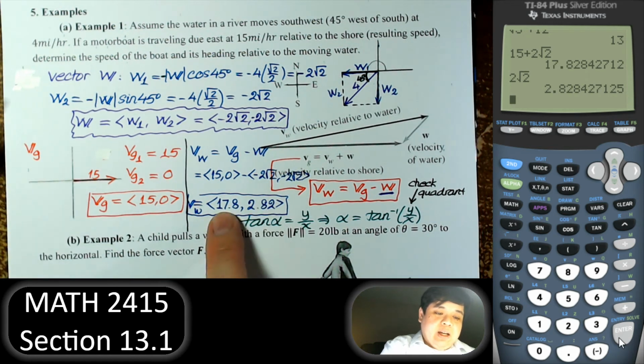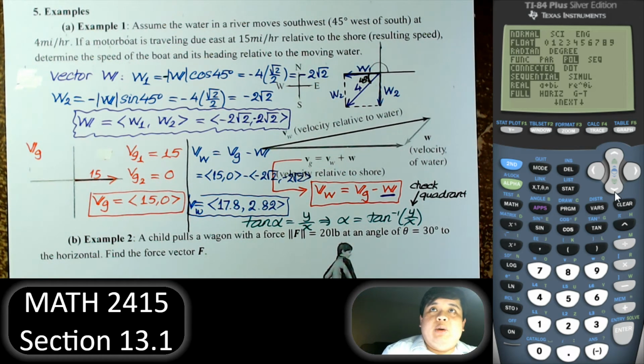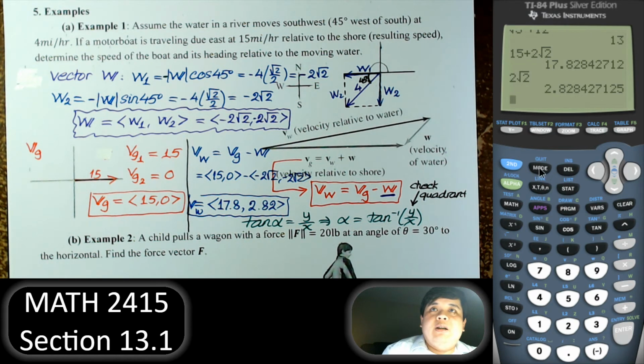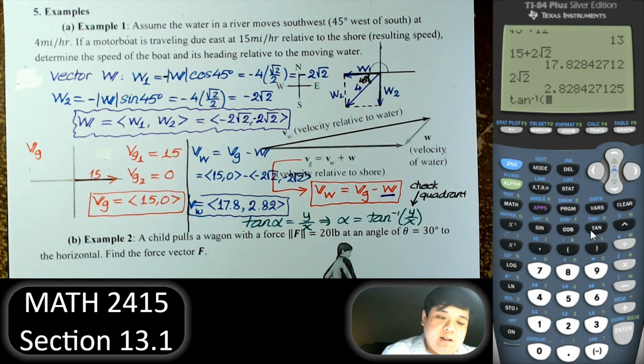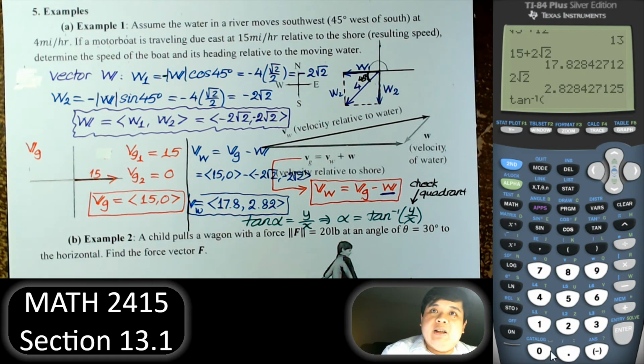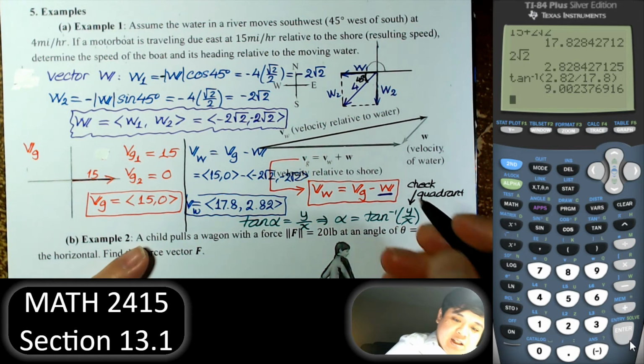So in this case, we just take the tangent inverse. I will use degree mode. Tangent inverse of y over x, 2.82 divided by 17.8, is about 9 degrees.